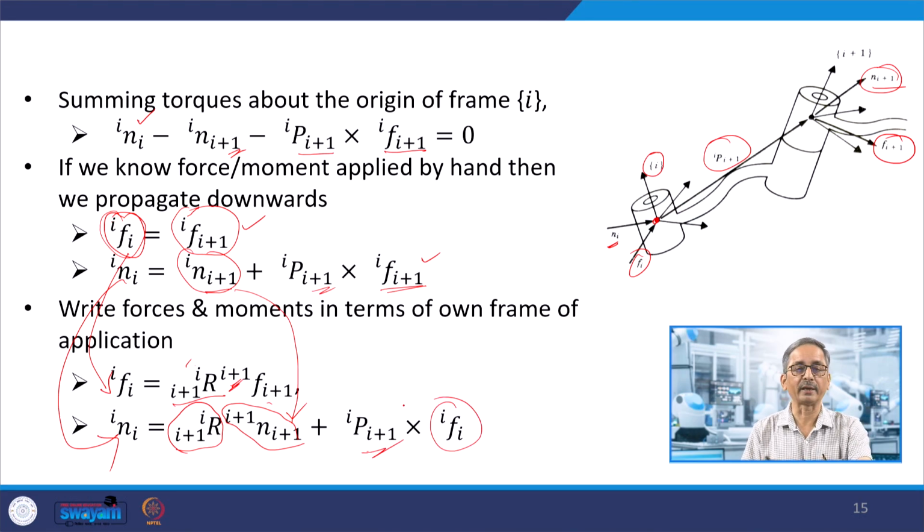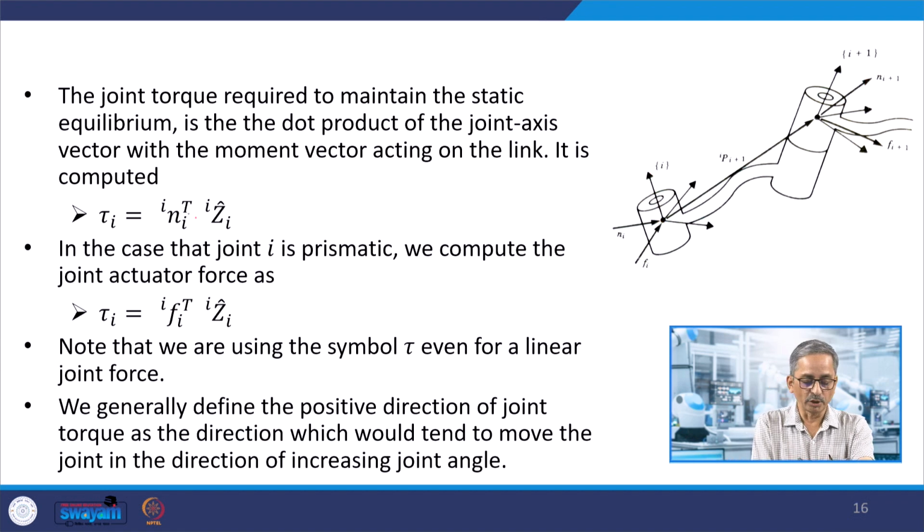So this way I can write the force and moment balance, and I can use these equations to evaluate how forces and moments propagate from one link to another. From this, if I extract the z component, I will basically get the joint torque. To extract the z component, I can take the transpose of this one and multiply with this vector, and I will get the z component.